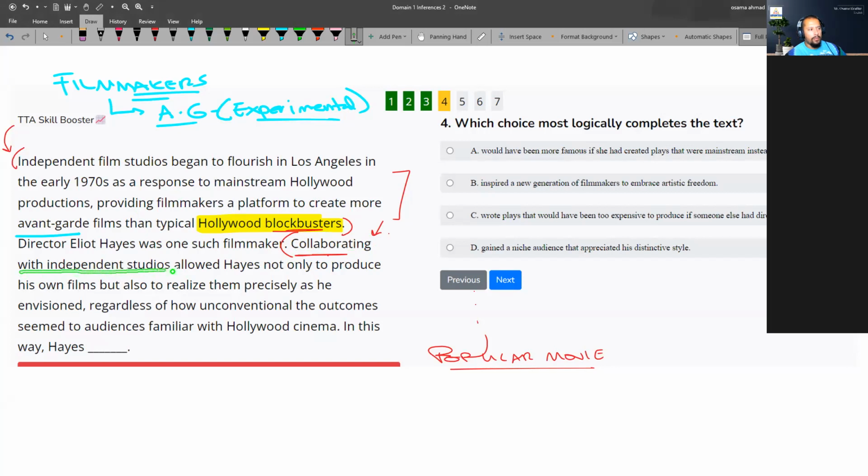Collaborating with independent studios allowed Hayes not only to produce his own films, but also to write them precisely as he envisioned, regardless of how unconventional the outcome seemed to audiences familiar with Hollywood cinema. Okay. So what did Hayes create? He created films, correct? His own films. How are these films described, Muhammad?